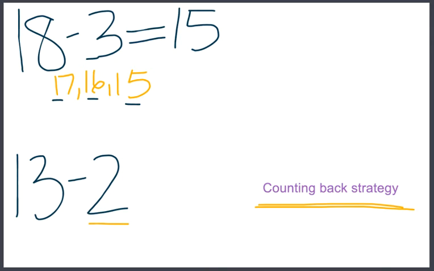I just have to count back 2 numbers from 13. 13, 12, 11. 13 minus 2 equals 11. I can check that I went 2 numbers. 1, 2. So, when is it easier to use the counting back strategy? When the numbers that you are subtracting are small, like 3 or 2, 4.